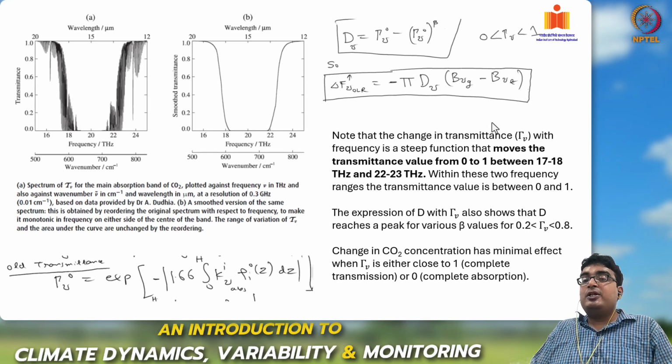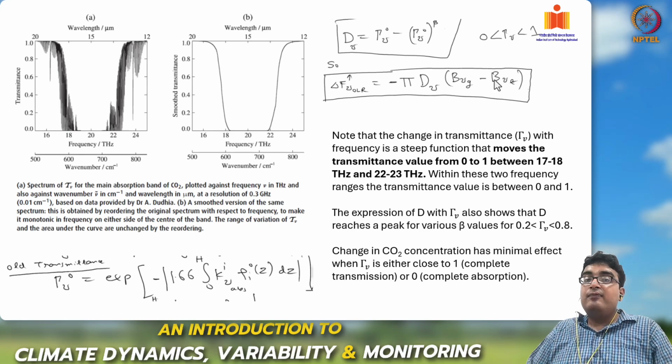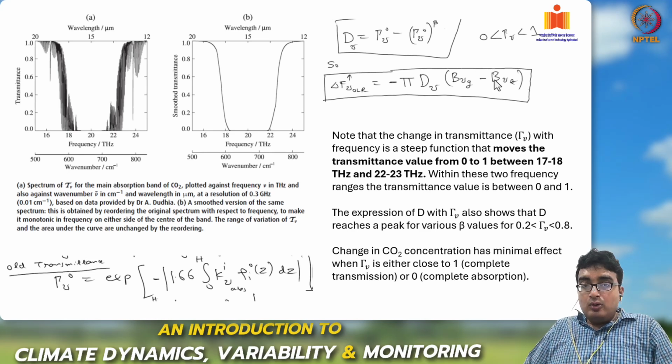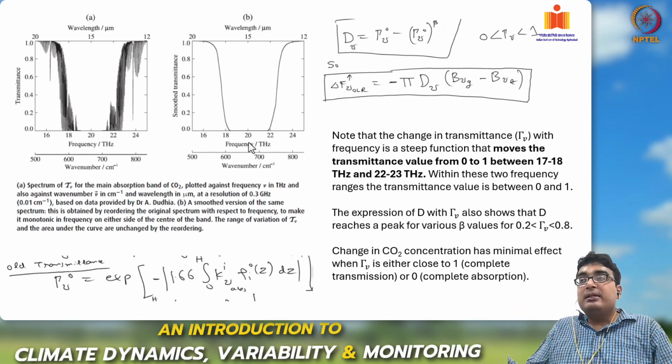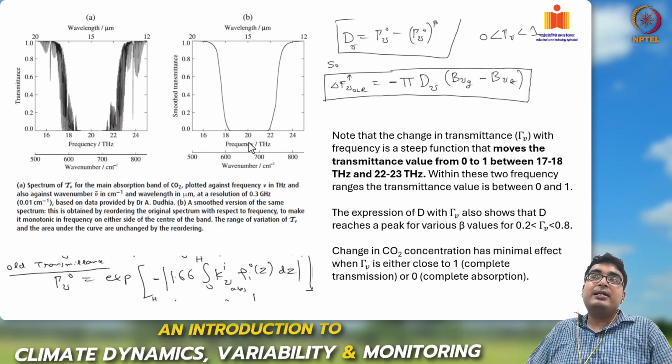Then this expression becomes a negative expression and there will be a significant decrease in the net outgoing long wave radiation. So, it is in this window where the transmittance is middle, neither 0 nor 1, that you will have a significant alteration or decrease in the outgoing radiation due to increase in the absorbing gases.